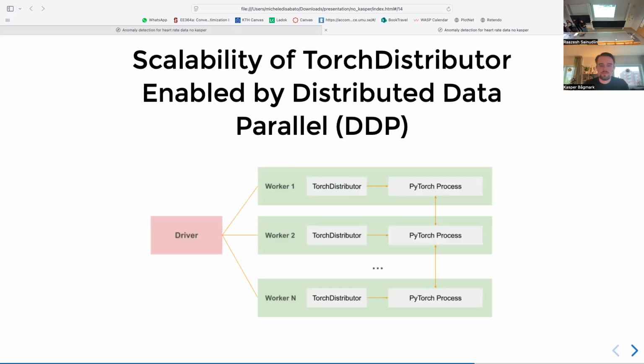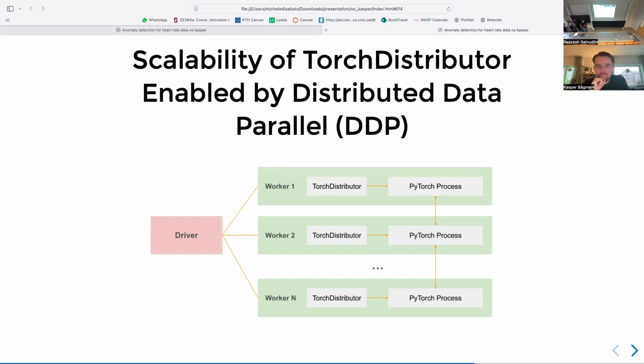So underneath, we use this TorchDistributor library as some of the groups did as well. Our approach only used perhaps half of the potential of it. Another aspect of its scalability is enabled by this distributed data parallel mechanism.